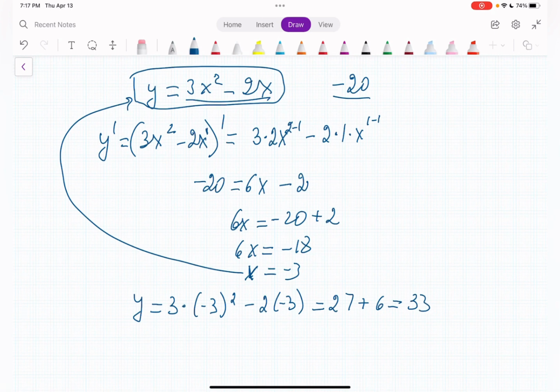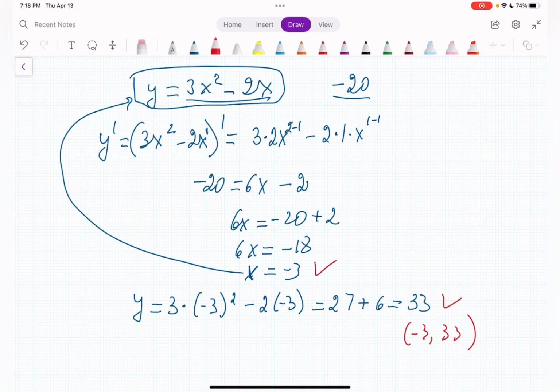Let's double check. So at the point x is negative 3 and y is 33, the coordinate is negative 3 and 33.